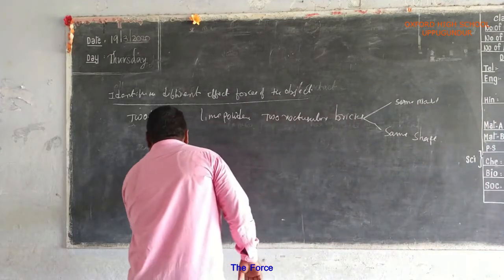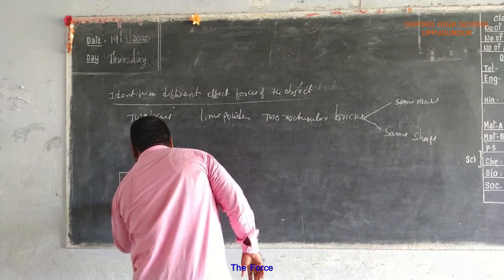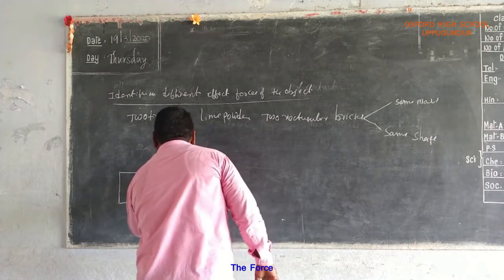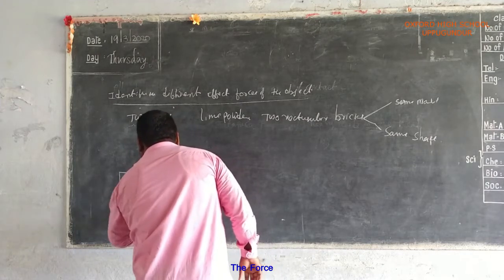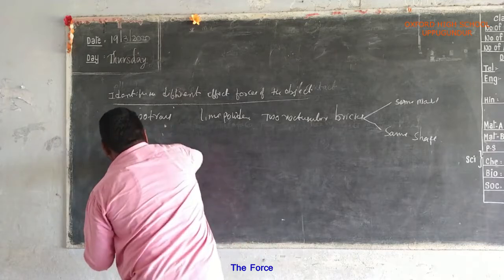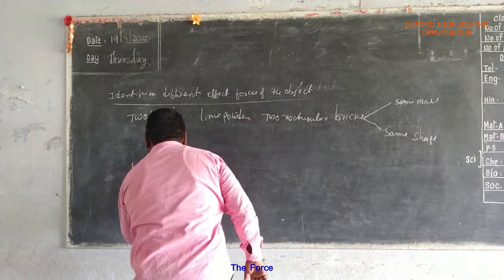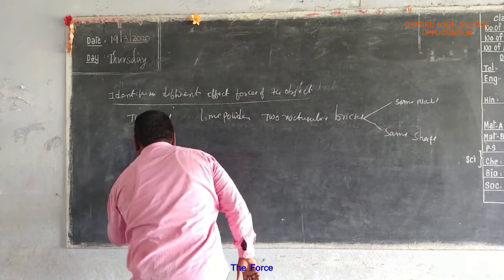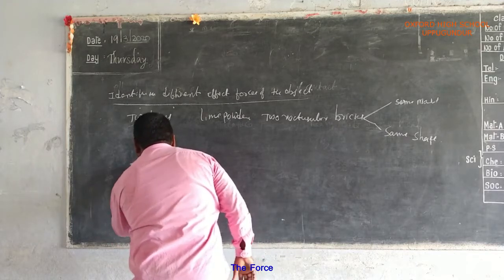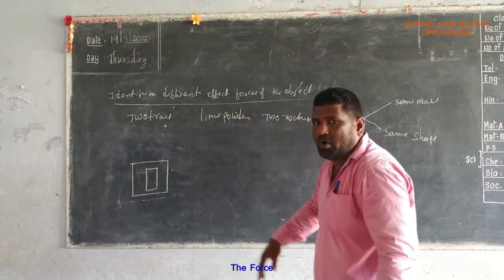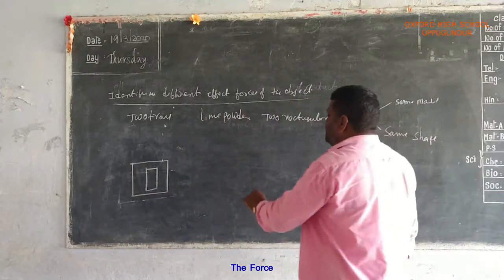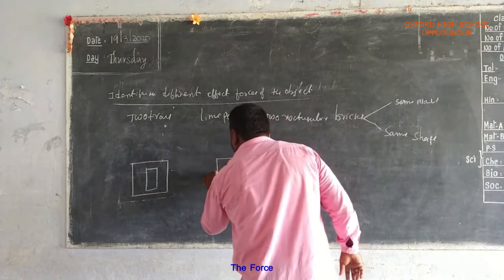This is one rectangular tray, filled with lime water, and here also I will take a rectangular tray.